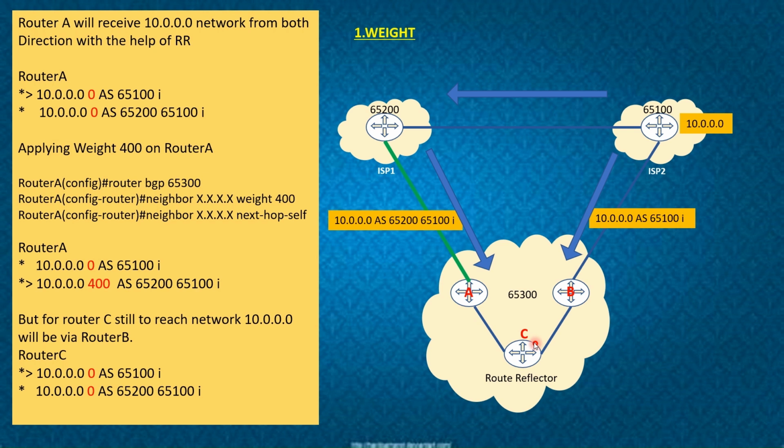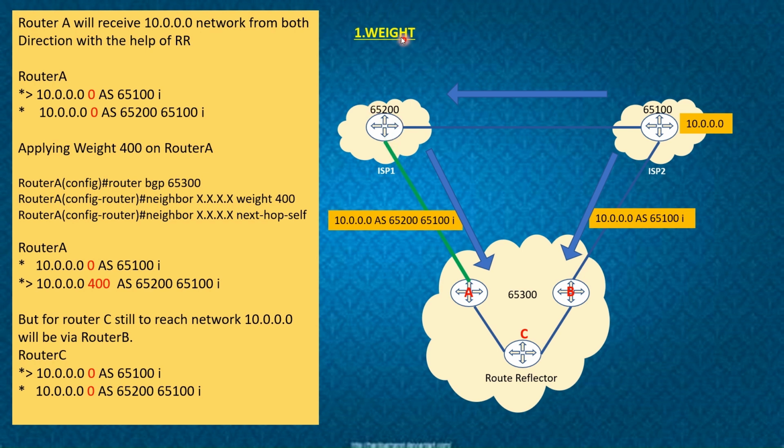But when router C checks to reach network 10, it gets a shorter path via router B. So it will never forward the packet to router A, because it has no idea about the weight, since weight is an attribute which cannot be sent to the next router. That's why this attribute has some drawbacks.